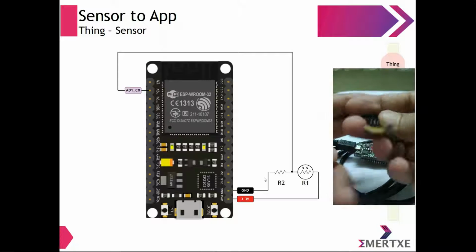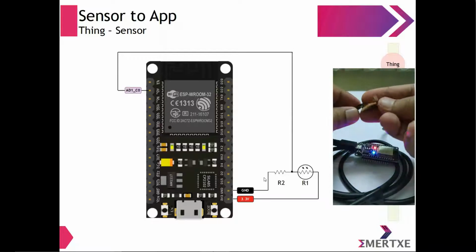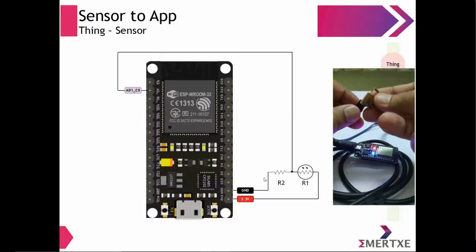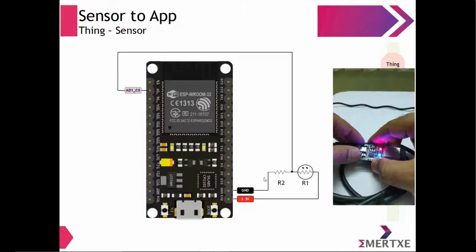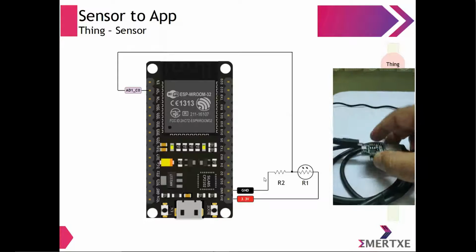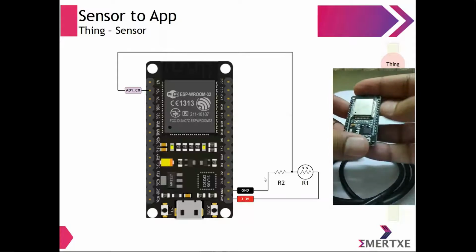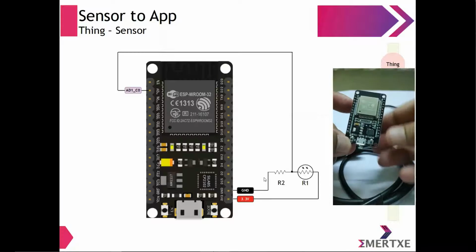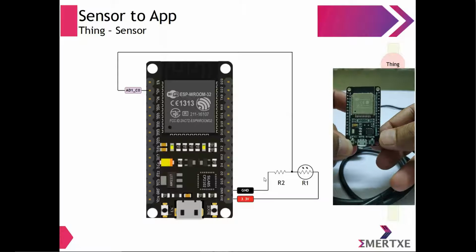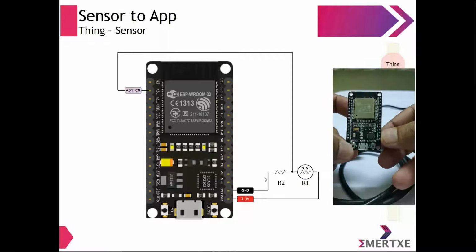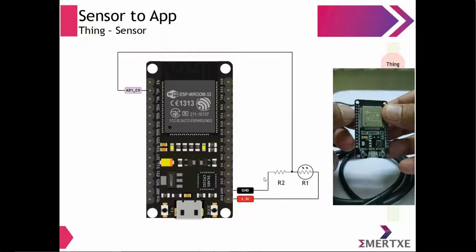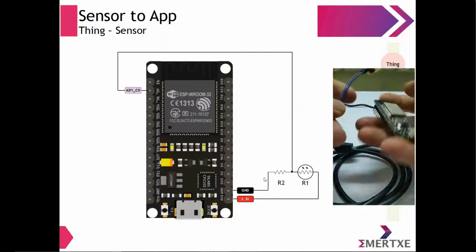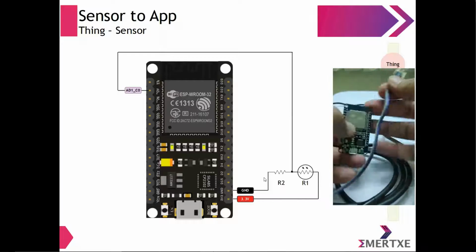This is a light dependent resistor, you can see here. Now I would like to switch off this board and remove this. There are some pins here: a 3.3 volt pin, a ground pin, and this is our channel VP, that's our ADC channel. I'd like to connect my sensor now to this board.